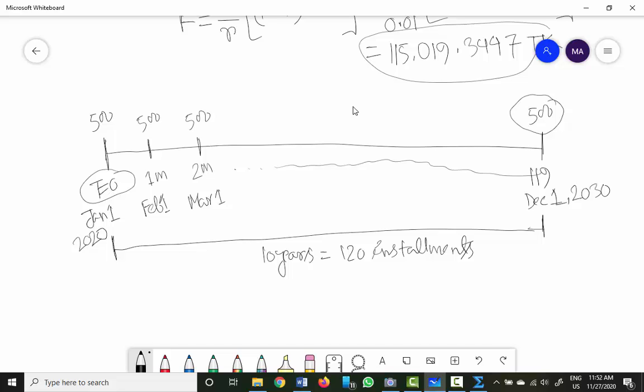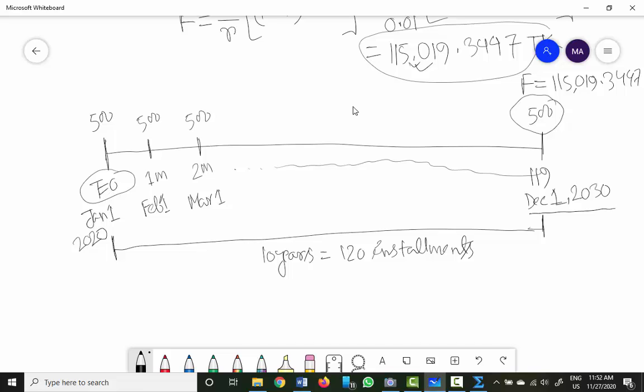So this is the future value of annuity. The future value of annuity means 115,019.3447 taka you will receive on December 1, 2030.